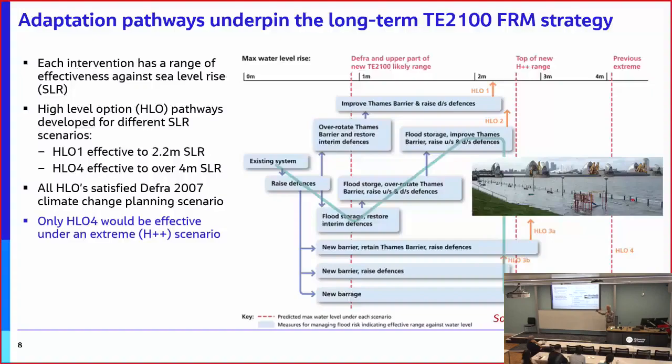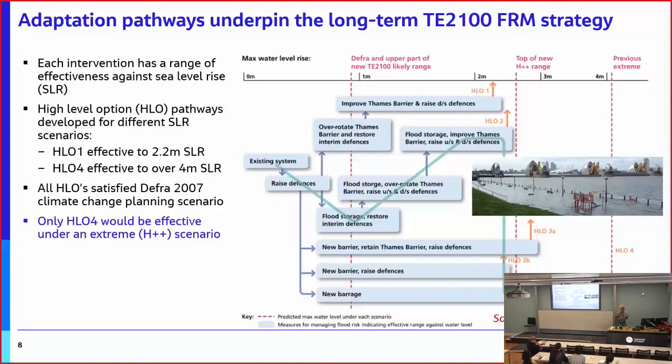And this is now part of the long-term strategy. However, you can't create a new tidal barrier in 5 or 10 years. The planning process is of the order of 30 years. So we have to start thinking now about planning for the new barrier.